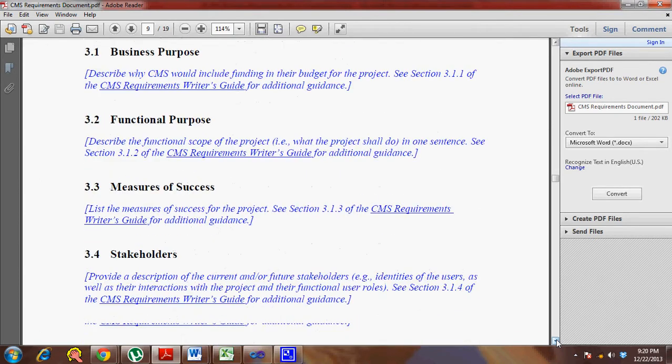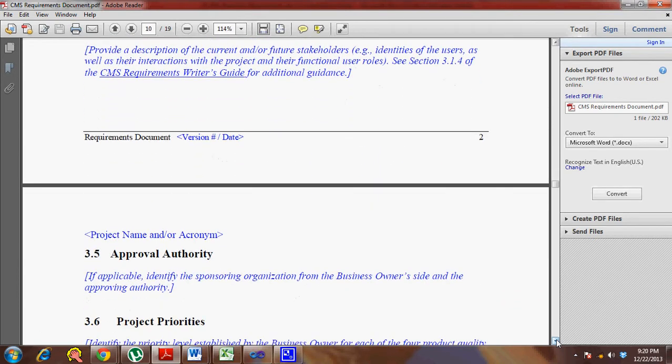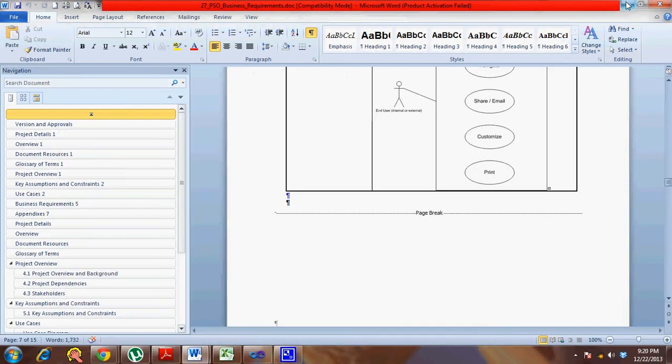With that background, let's quickly think what could be the inputs for this particular process. So based on this, the main input is actually the stakeholder management plan.